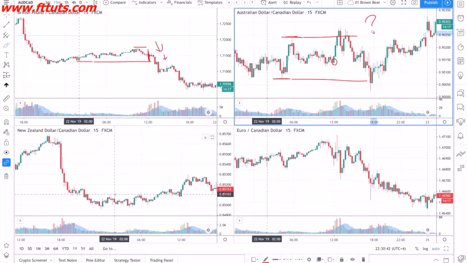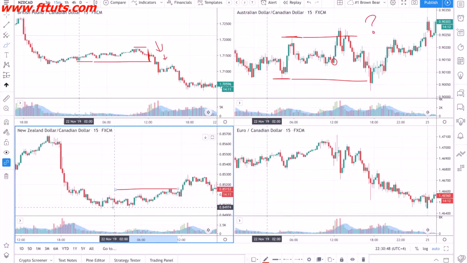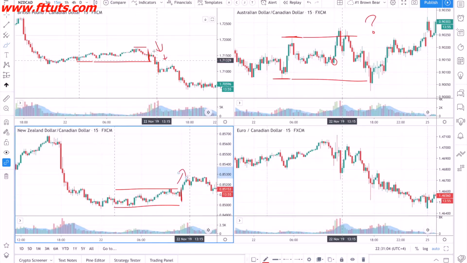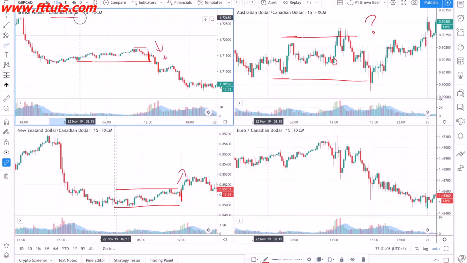We'll put the line of the highest and lowest points. This is the highest point of Asia, there's the lowest point of Asia. London opens right here, and as soon as it opens, it actually starts going higher. Here it went lower, here it's going higher. The power is breaking to the north side. Over here, when the power broke to the south side, it means CAD is strong.